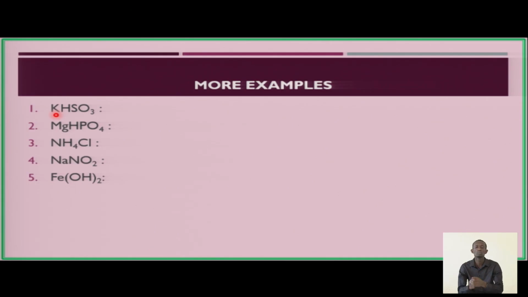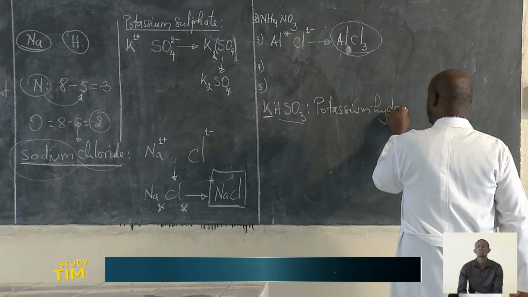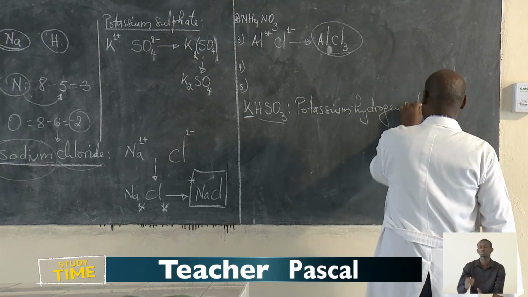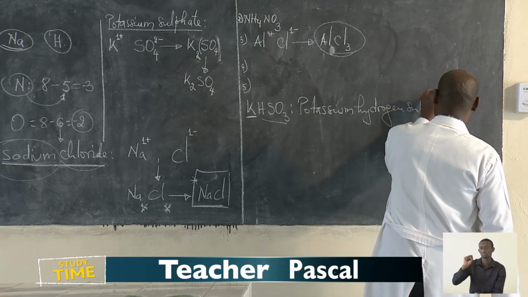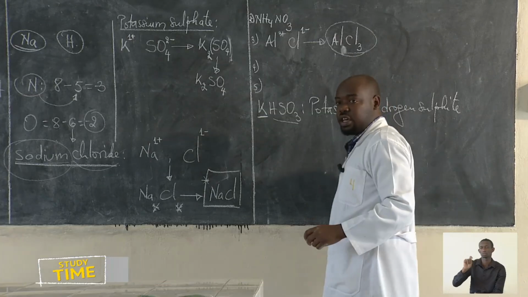The name of this one is potassium. And the negative is hydrogen sulfite. Very simple.